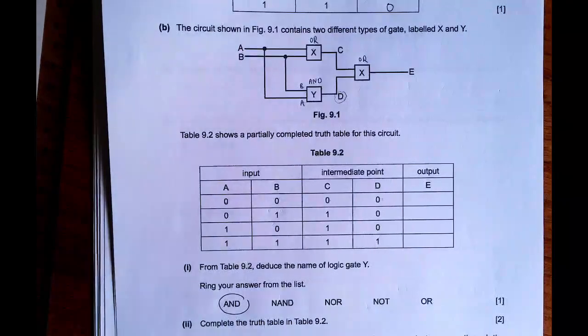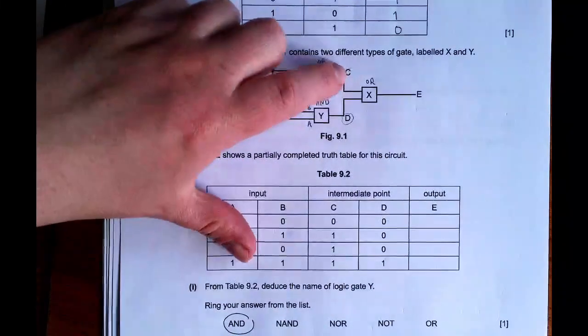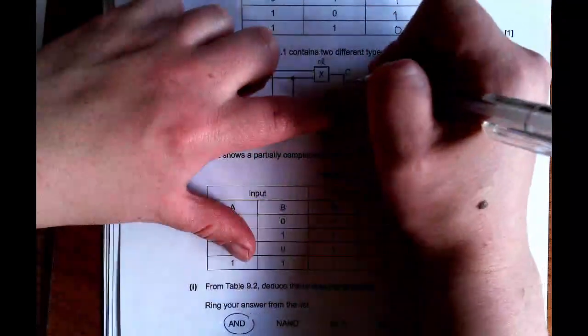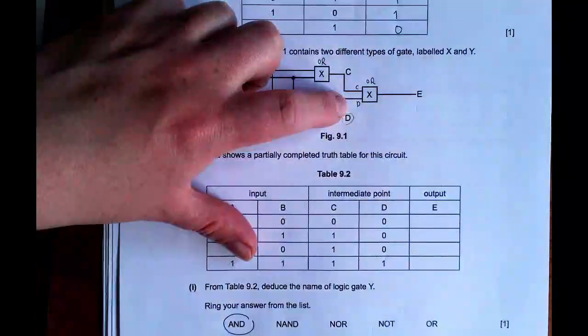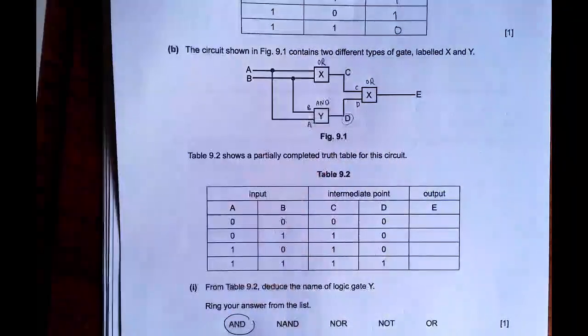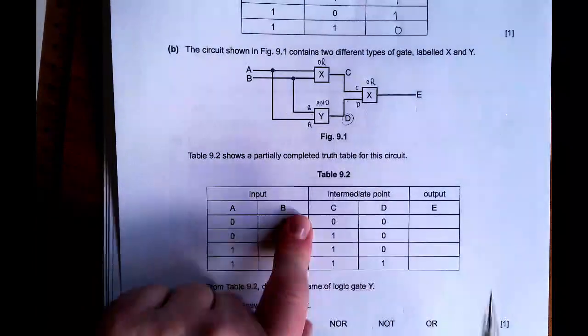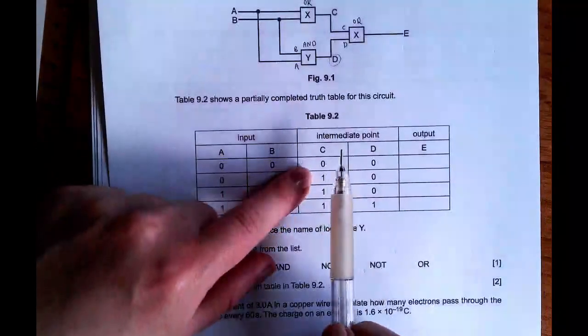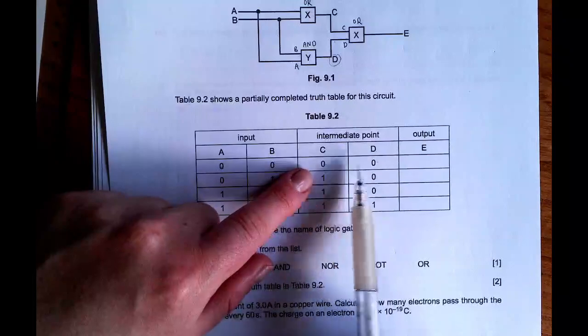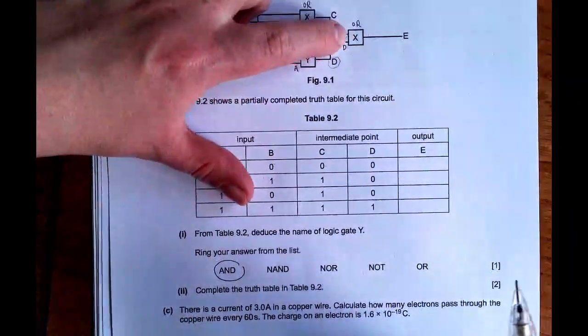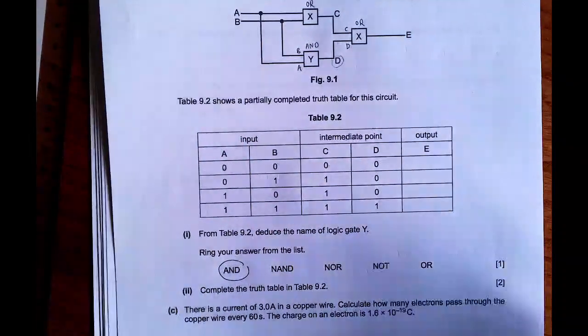Okay, so what we then need to look at is inputs C and D, going into the OR gate. So we take the truth table, and we know that if we have either C or D as a 1, because it's an OR gate, E will then also be a 1.